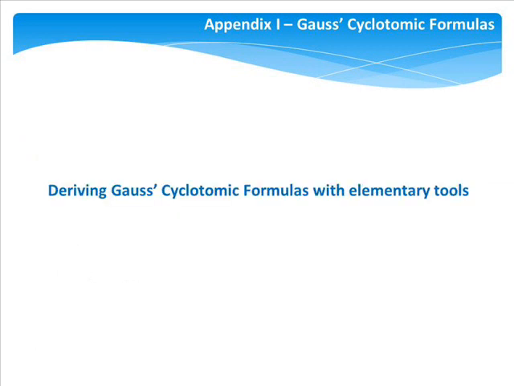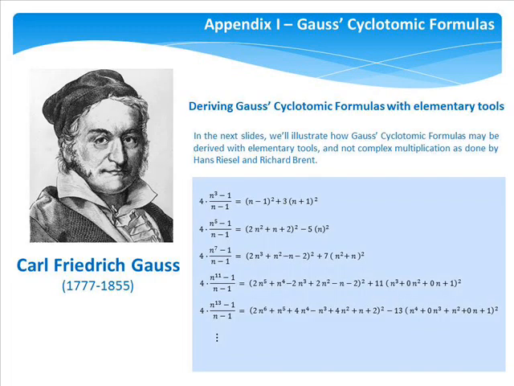So far, we've been using Gauss cyclotomic formulas to determine representation of primes in the form x squared plus or minus n times y squared. Yet, the question arises, how can we derive these formulas, particularly the coefficients of the homogeneous polynomials, using elementary tools?